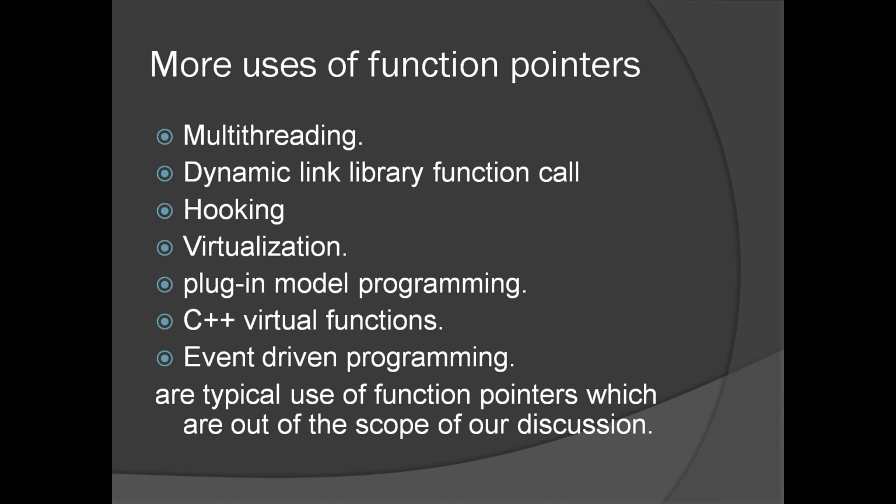As I mentioned, all these uses revolve around the fact of callback, or letting you know something happened. Multi-threading: when you create a thread, you give a function pointer from where the execution should begin. Dynamic link library: export a table of function pointers. Hooking: if some operating system or library is not providing enough functionality, you can hook that library and modify the behavior by changing the function pointer inside that library.